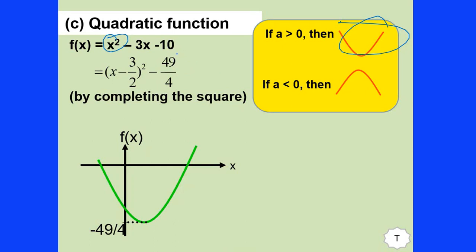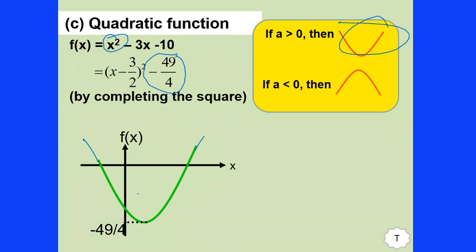Jadi kat sini kalau belajar dulu kan ada completing the square. This is the extreme value, either minimum or maximum. So because of this smiling graph, this consider minimum. Okay, minimum value. So the graph is U-shape.